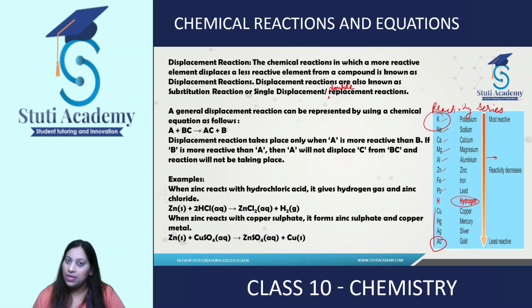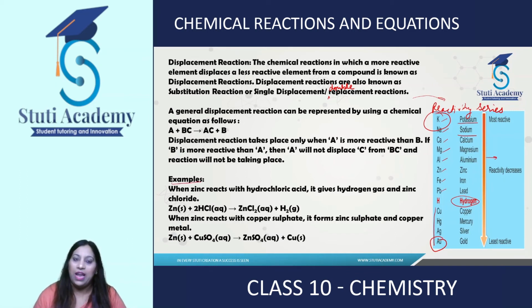That's the reason why we use gold for making ornaments. And we always keep potassium and sodium in kerosene oil because they are highly reactive and can easily react with oxygen. That's the reason why we keep potassium and sodium in kerosene oil. And this displacement reaction is totally dependent on this reactivity series.